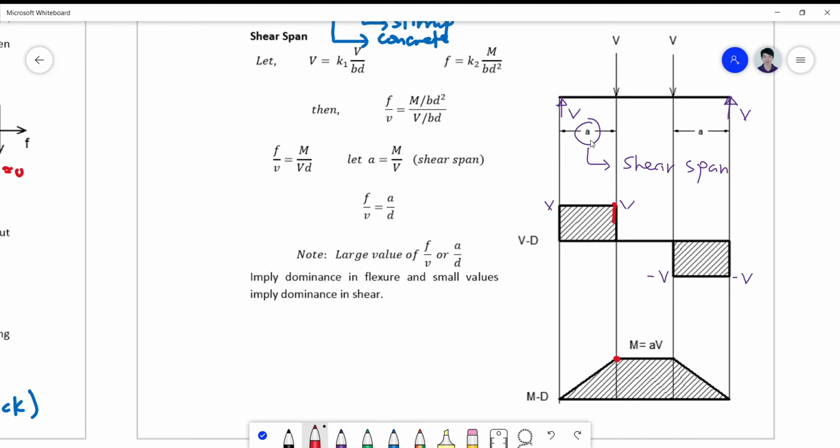So this is simply A times V. So the moment here is A times V, and the moment also here is A times V. Of course, this constitutes no change in moment, and then if I subtract a negative, this is a positive A times V, it is a negative A times V. If I subtract AV minus AV, it becomes 0 here. So this is my moment diagram.